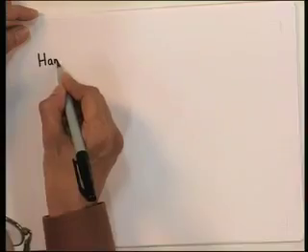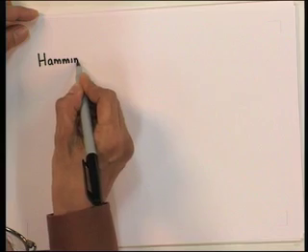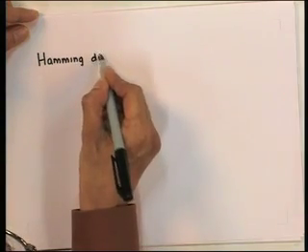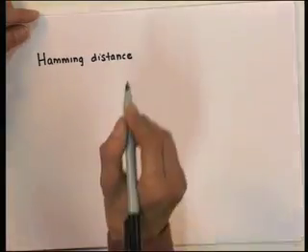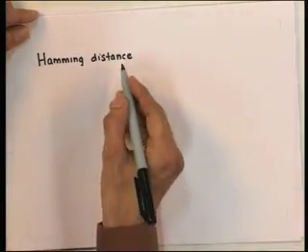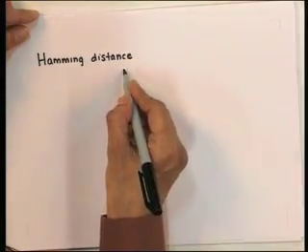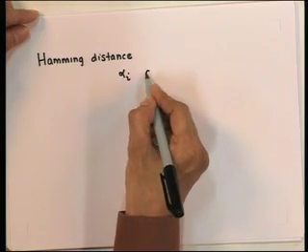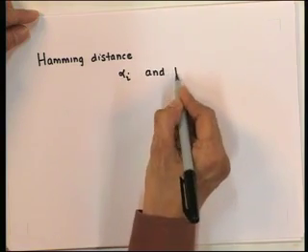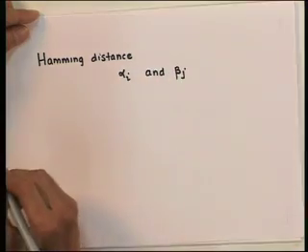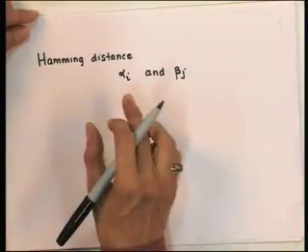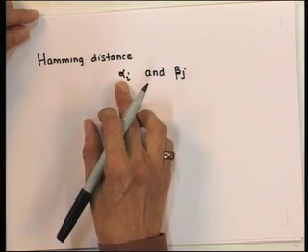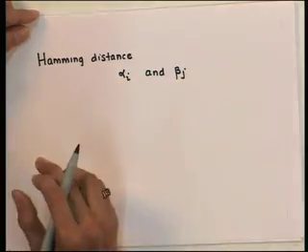Hamming distance between any 2 binary sequences of the same length alpha i and beta j is defined as the number of places in which alpha i and beta j differ.